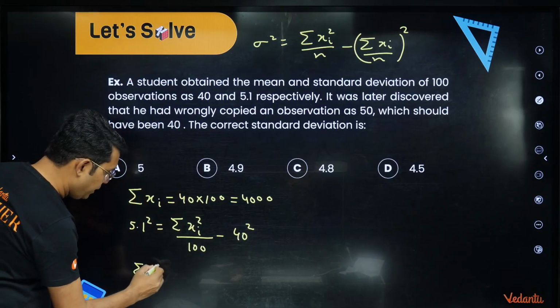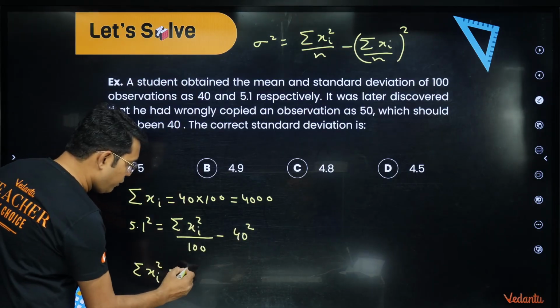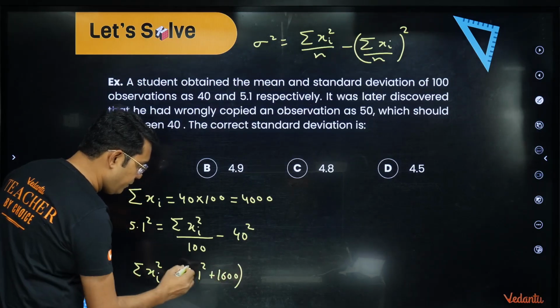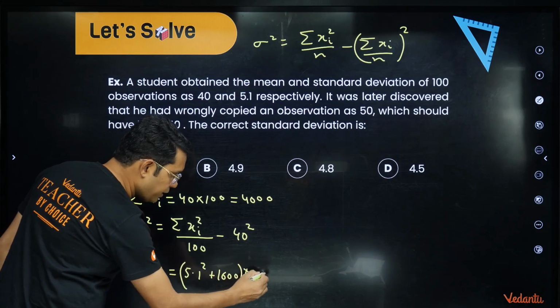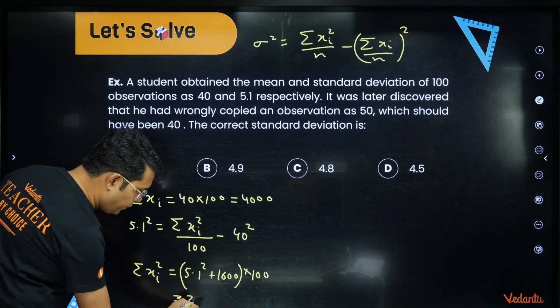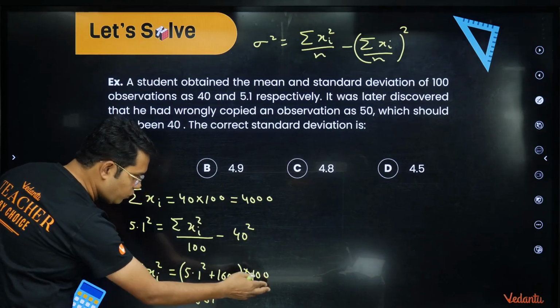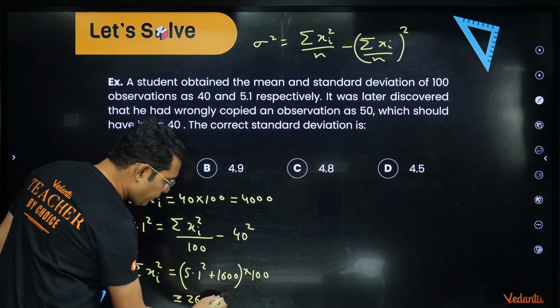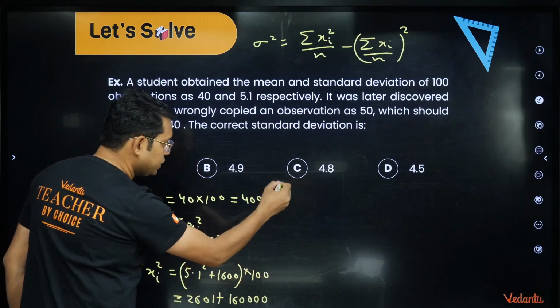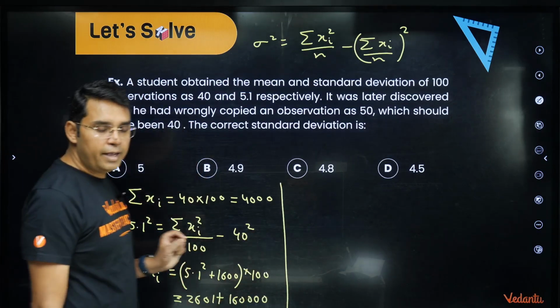Sigma xi square will be equal to 5.1 square plus 40 square, that is 1600, into 100. Okay, 5.1 square is 26.01. When you multiply by 100, this point will go, plus this will be 1600 and 2 more 0. So this is what my sigma xi square is.